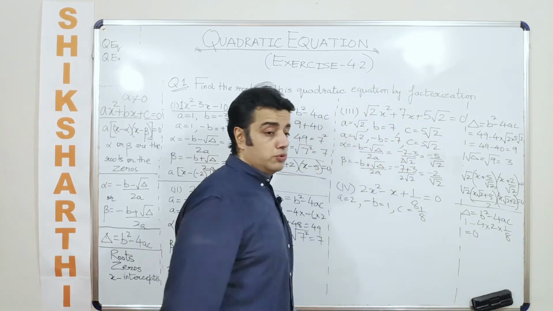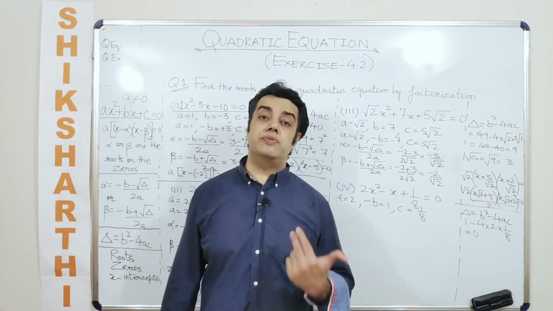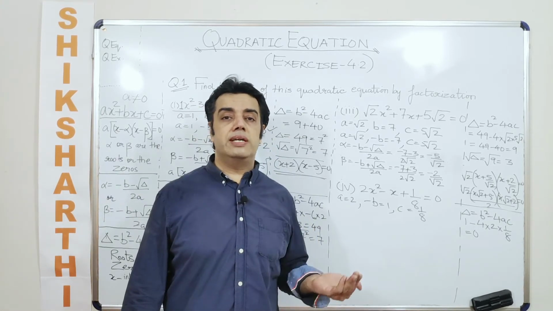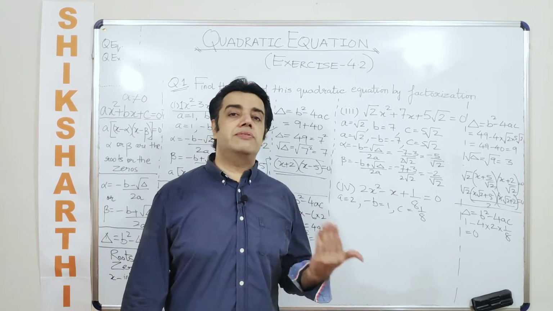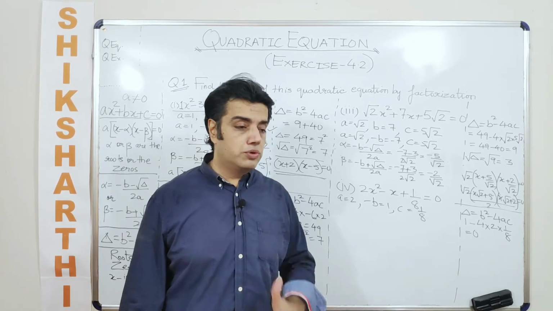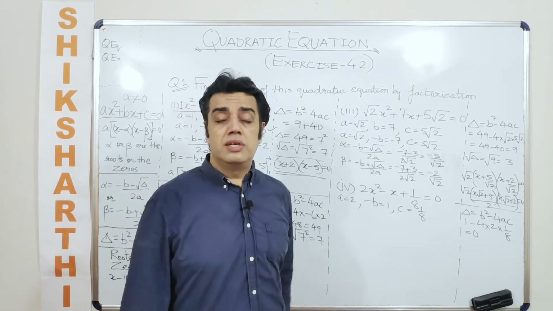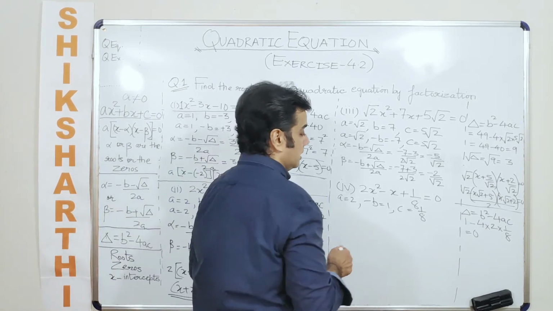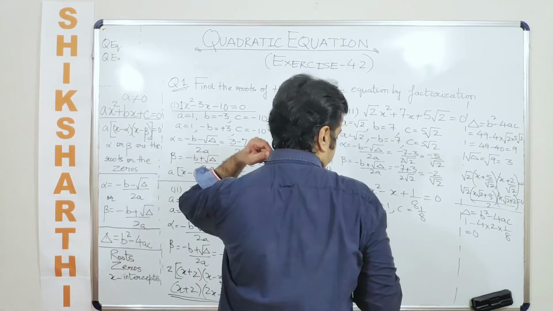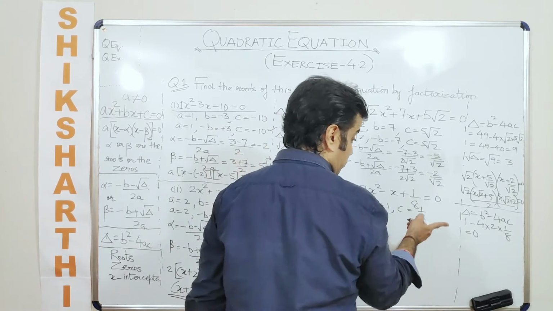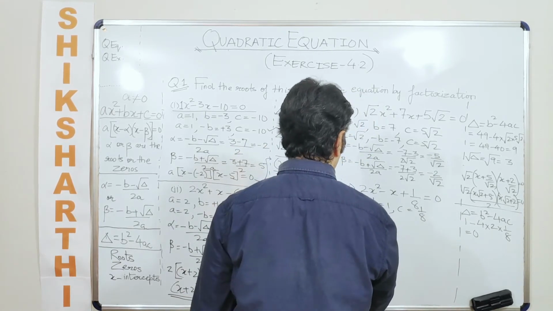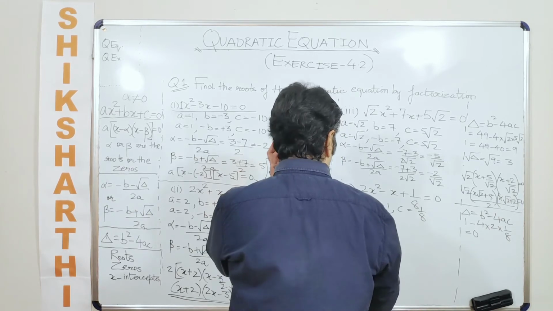Since you have gone through my earlier videos in which we have already talked about this, if delta is equal to 0, in that case you will be getting both the roots as equal, and had delta been greater than 0, in that case you are getting real and unequal roots. So in this case you will be getting real and equal roots. So can I say alpha will be what?